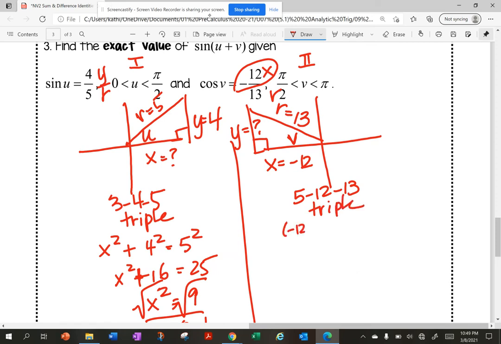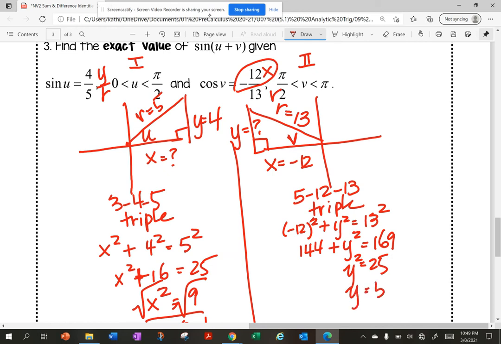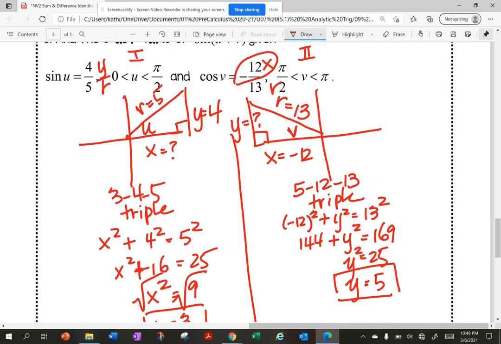So I get negative 12 quantity squared plus y squared equals 13 squared. So 144 plus y squared equals 169. Subtract 144 from both sides, and I get y squared equals 25. So y equals 5. I know y is positive in the second quadrant.